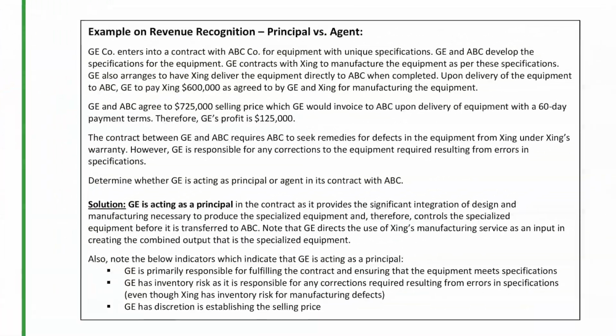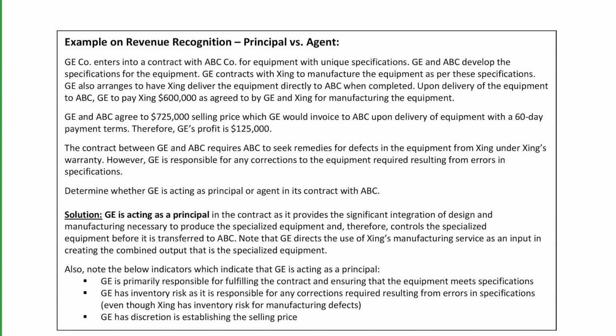Move to page 73, where we're looking at a couple of examples. The first one is where GE enters into a contract with ABC for equipment with unique specifications. GE and ABC develop the specifications for the equipment. Now, GE contracts with Xing, the Chinese vendor, to manufacture the equipment as per these specifications.